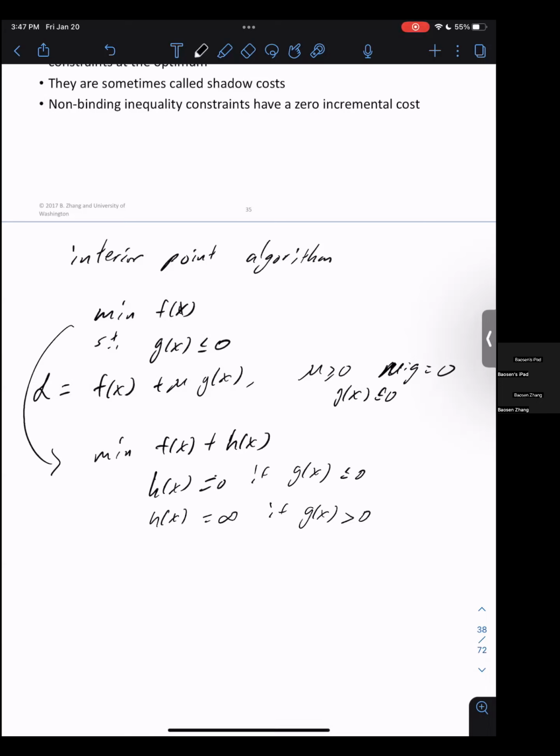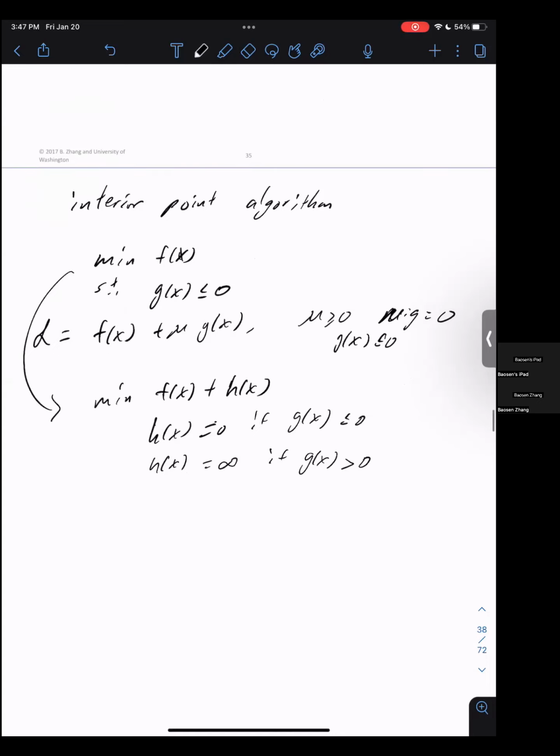So if I can find you this function, solving this problem is equivalent to solving that problem. It says if you're not satisfying the constraint, I'll give you an infinite penalty. If you're satisfying the constraint, I don't care.